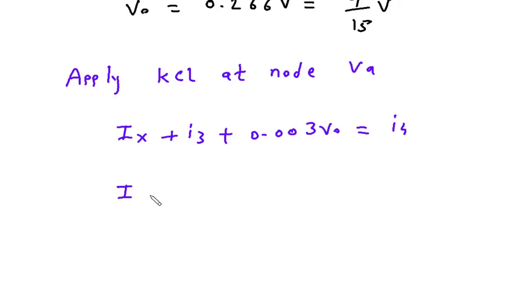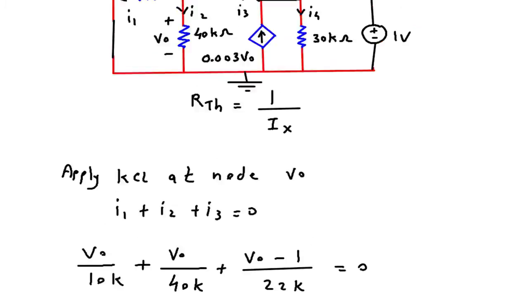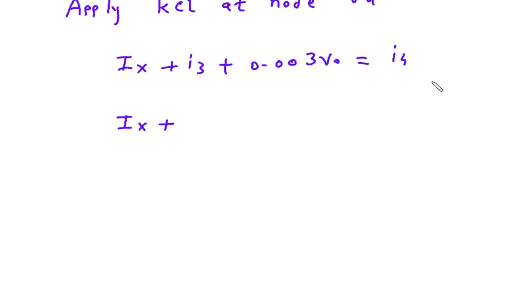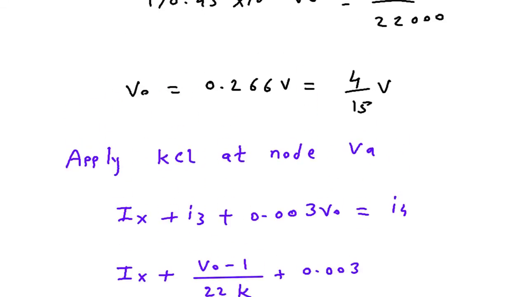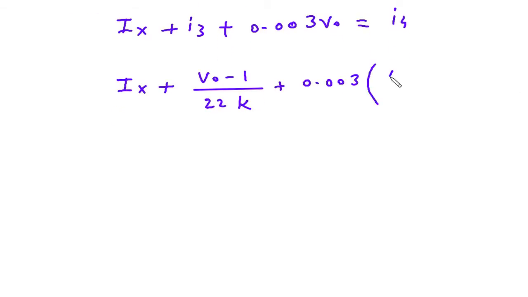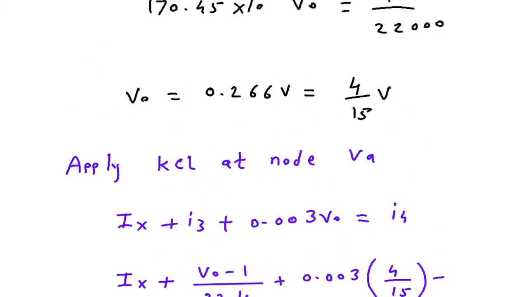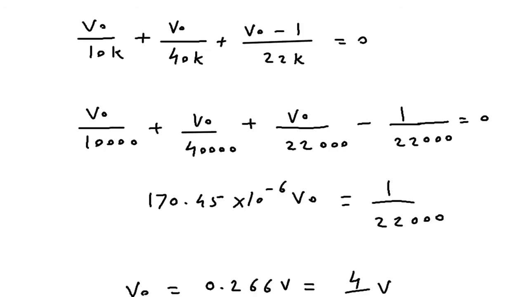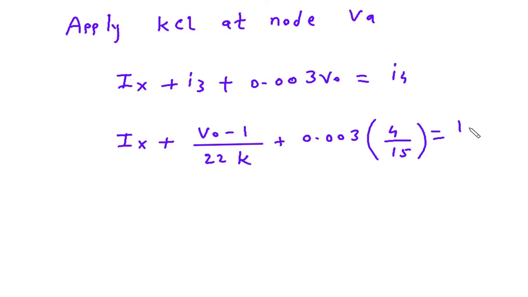So this Ix as it is plus I3. Now I3 is VO minus 1 by 22k, plus 0.003 VO, where VO is 4 by 15, is equal to I4. Now this I4 is 1 minus 0 by 30k.